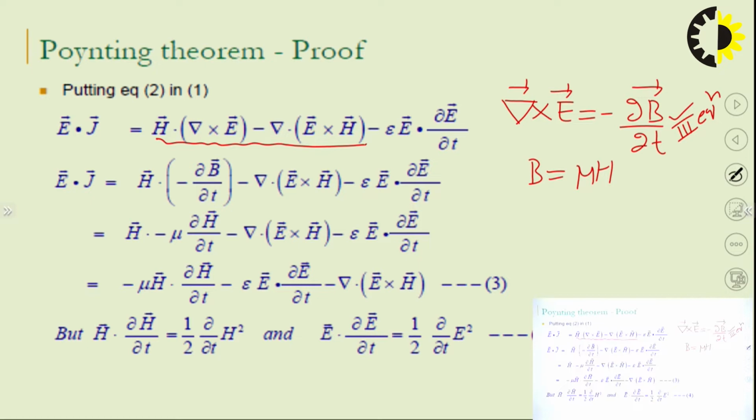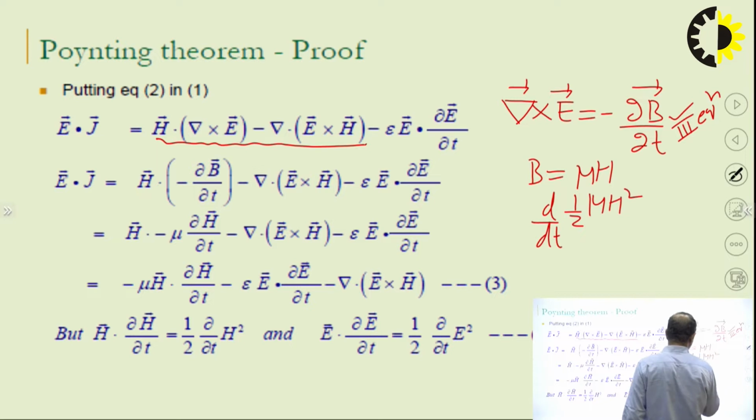Now by very simple mathematics, we can prove that the value of H dot dH by dt is exactly equal to half d over dt of H square. This can be very easily seen by doing the back calculation. d over dt of half mu H square will be equal to, we can take half outside.